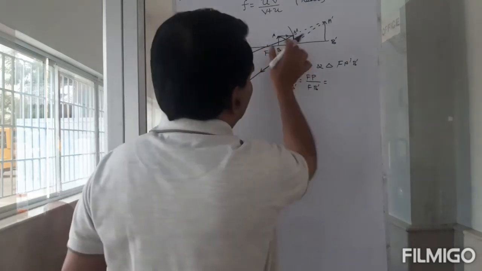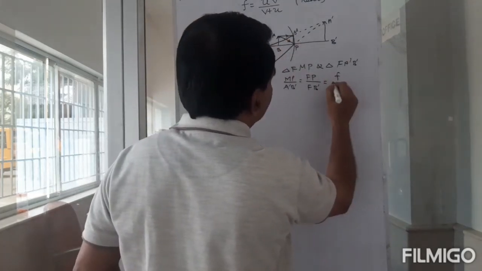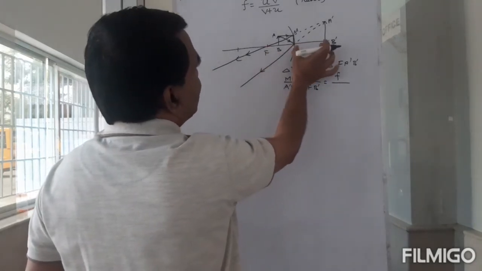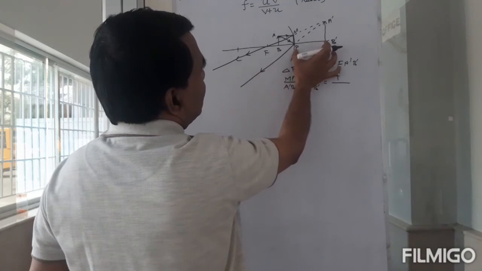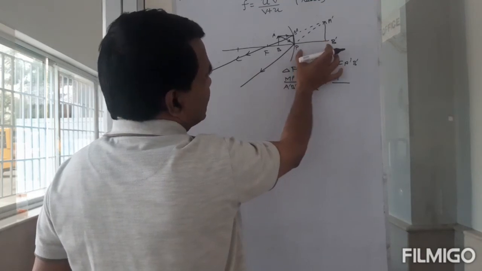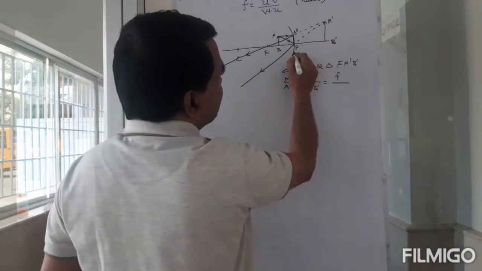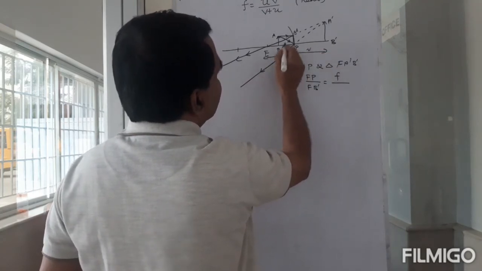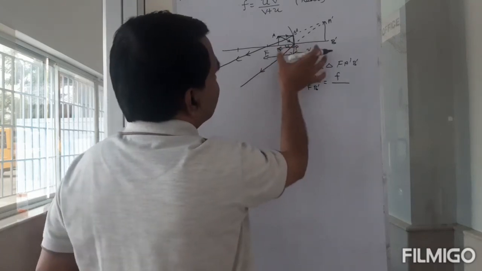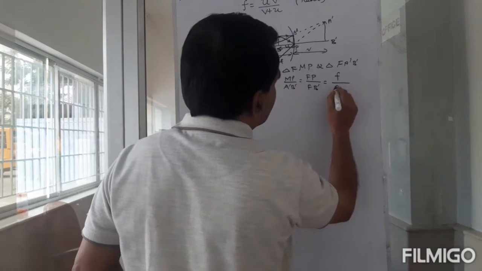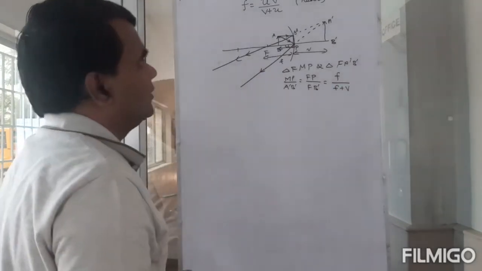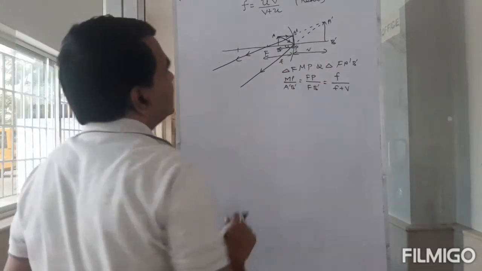The FP is the focal length F, and FB dash is this focal length plus the image distance. PP dash is the image distance. This is V, this is F, and this is U. So this is going to be F plus V. So for this triangle you get that.